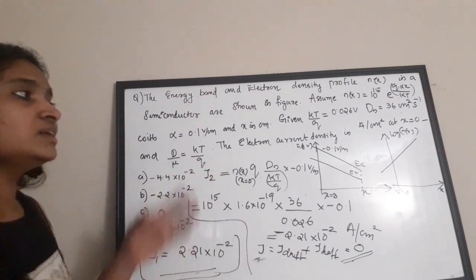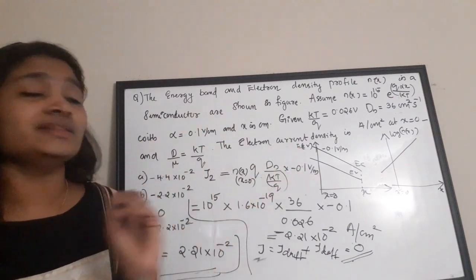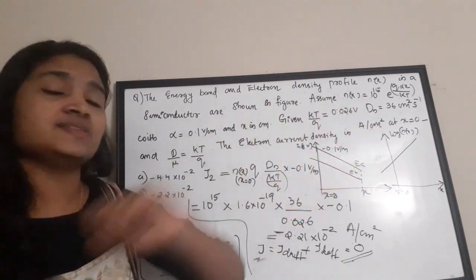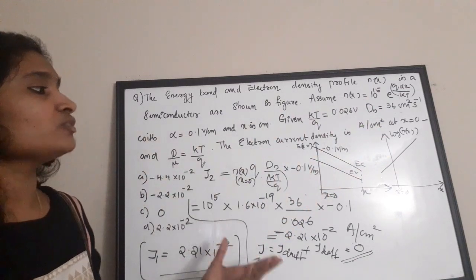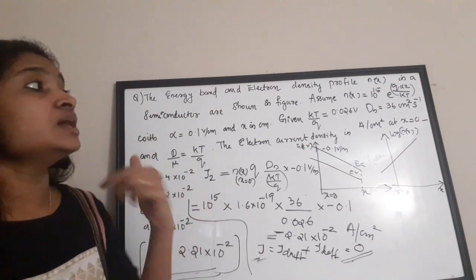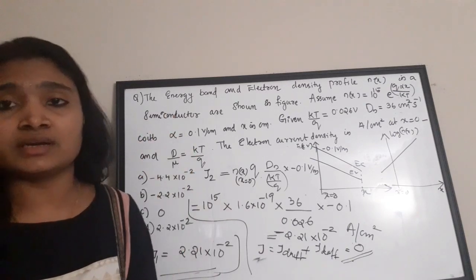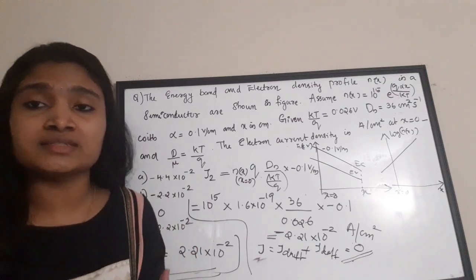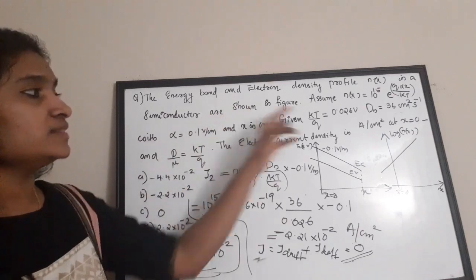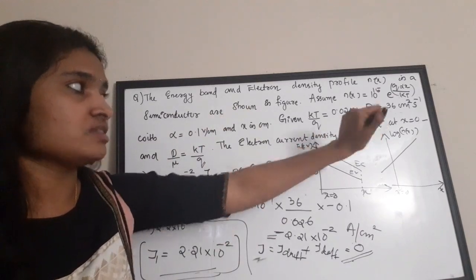Here in this question, we have been asked only the total electron current density at x is equal to 0. We have to figure out from this question that we have to take the sum of drift current density and diffusion current density. So electron current density is contributed due to drift and diffusion. In this question they have given the diffusion constant.